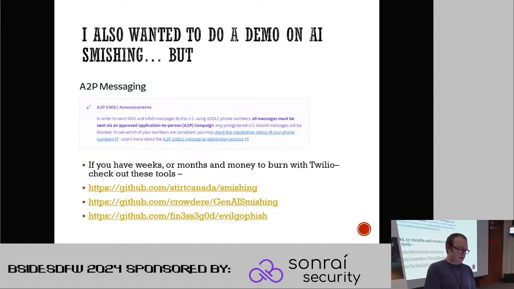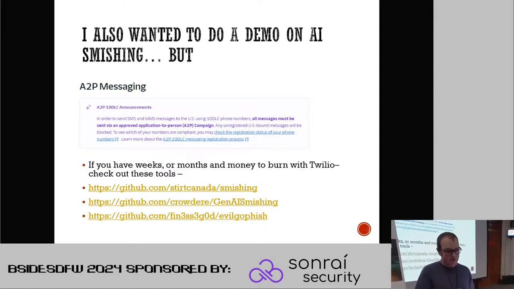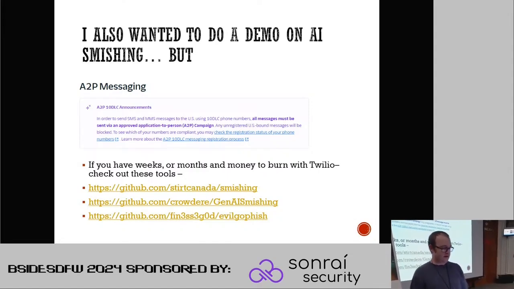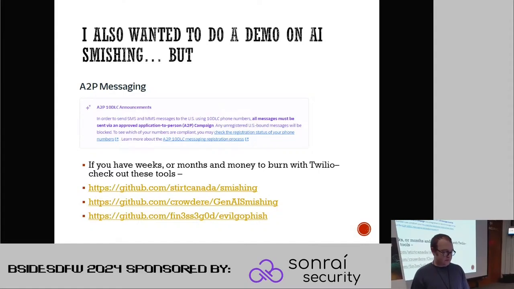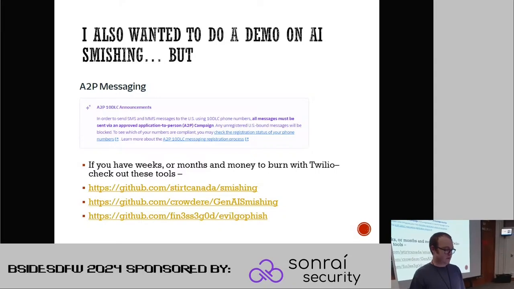One cool thing about Evil GoFish is you can integrate with Cloudflare Turnstile. So that can give you a Cloudflare captcha to avoid any of your automated tools scanning or detonating your messages. And then you could also use that same tool to send messages to an SMS gateway, if you know the individual's mobile provider.